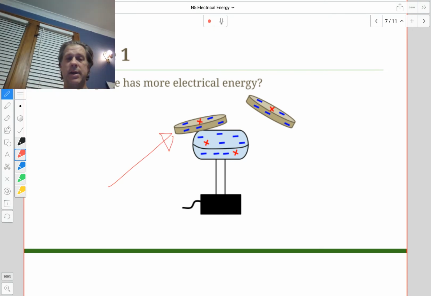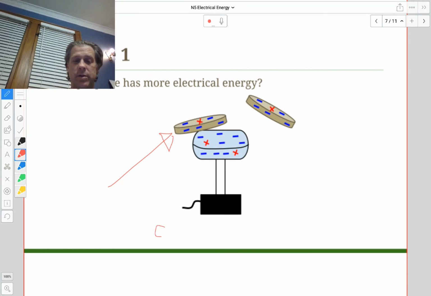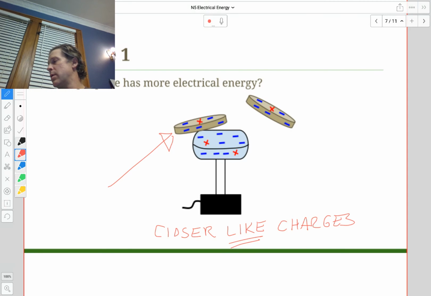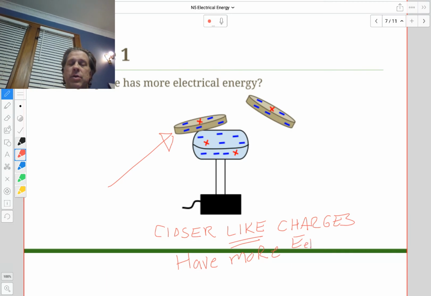The reasoning behind it, and it's important that you can go back and do it, is the statement: closer like charges have more electrical energy. You have to be able to identify that.